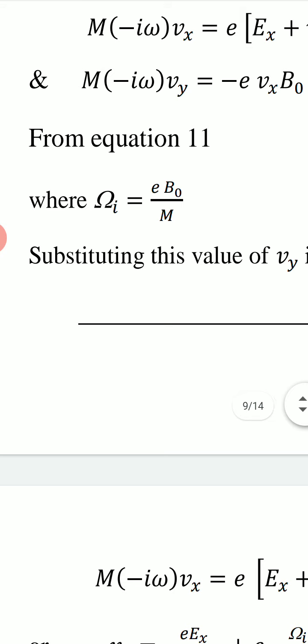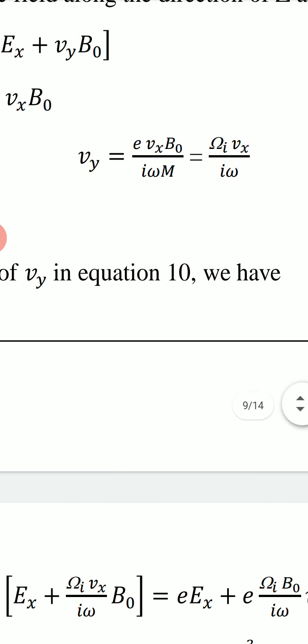Here omega i equals e B0 upon m, and it is the cyclotron frequency for ions.